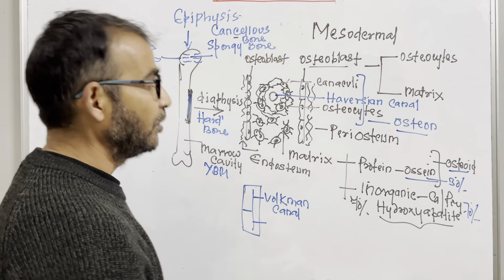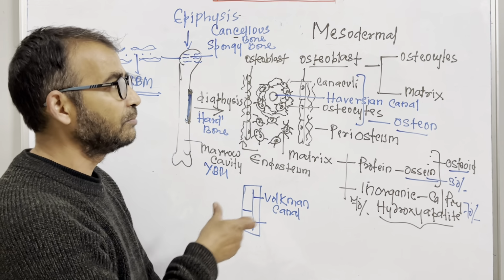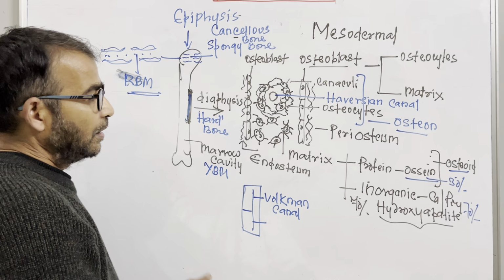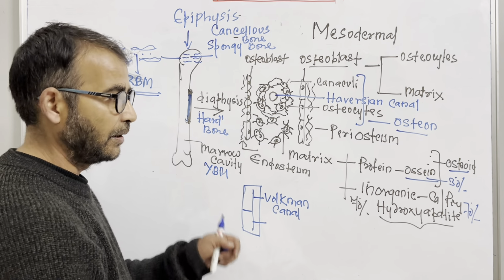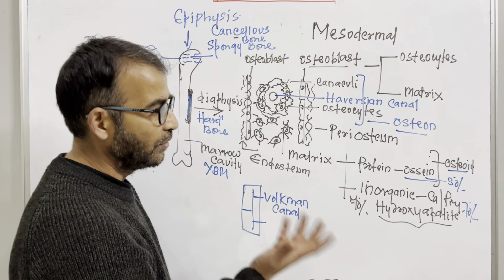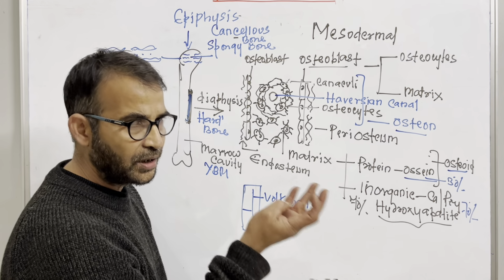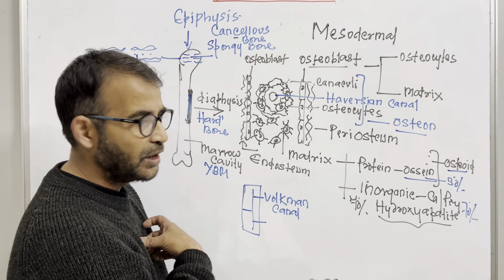Now, as you all know, we started with bone, saying that bone is a hard, mesodermal, rigid connective tissue. Now, we will see the role of the hormones. You have in your NCERT a disease called osteoporosis, with respect to the hormone estrogen, which we will study.